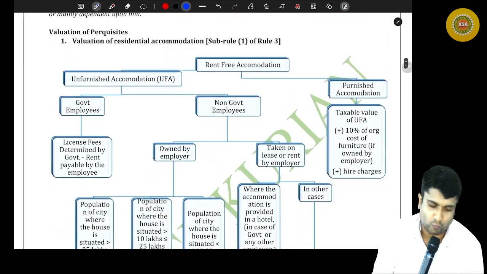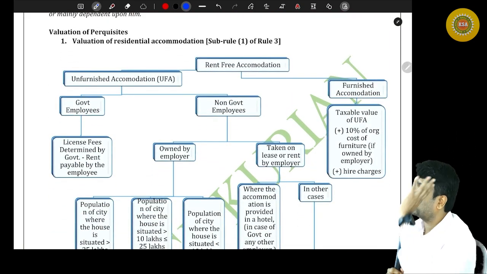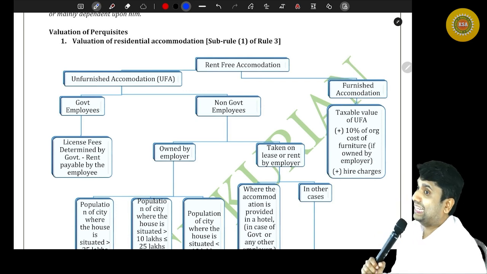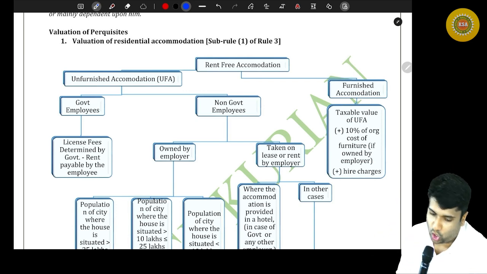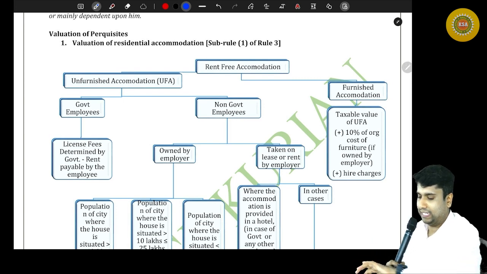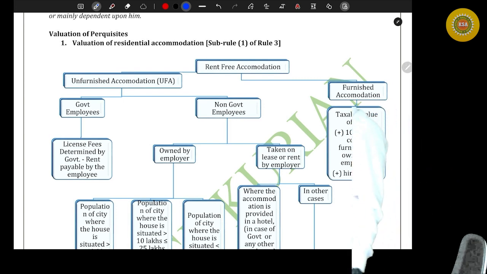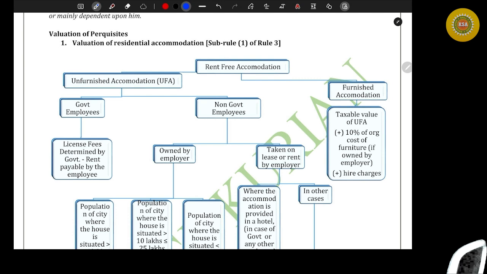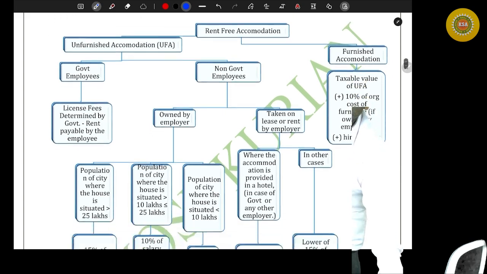That is valuation of residential accommodation. This is another important item. Let's understand what exactly is the valuation of residential accommodation. Are you all listening? The chances of asking this is very, very high. Why? Because there is a new change in this.